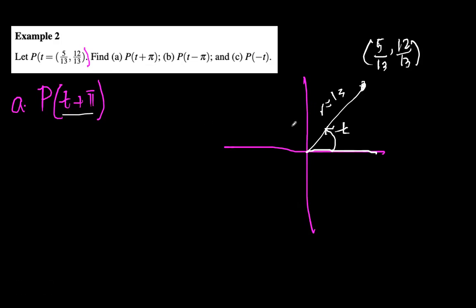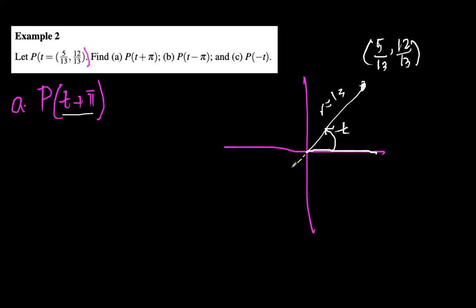Sabi dito, class, may given na angle T, which is this, add natin ng pi, ng 180. So therefore, saan natin siya makikita? Class, saan natin makikita si T plus pi? Okay, very good. Q3. So nandito, Q3.